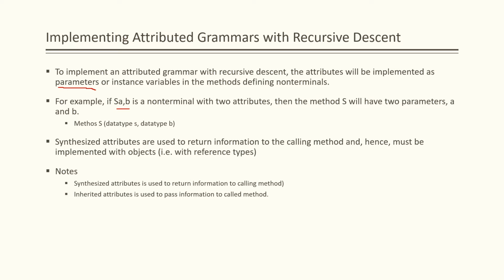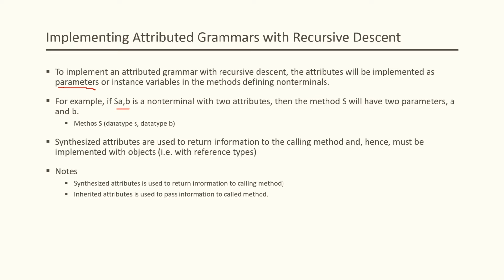Sometimes it is object, sometimes it is integer, it can be float, it can be any data type. So it depends on the problem you want to solve. Okay, so this is how you represent attributes in the recursive descent. So an attribute is represented as a parameter, or instance variable.